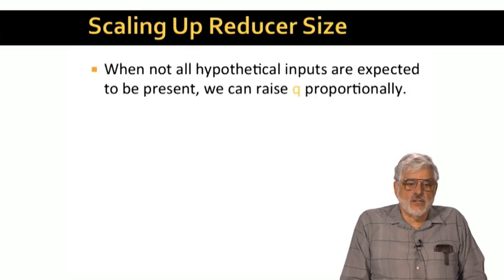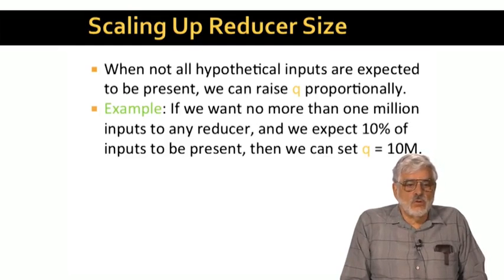However, if we know what fraction of all possible inputs will be present, we can use a value of reducer size that is larger than we want the actual number of inputs to a reducer to be. For example, suppose that we decide we want no more than 1 million inputs to any reducer, and that bound is necessary to enable the reducer to do its work in main memory.